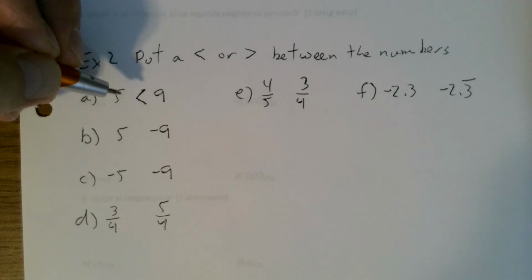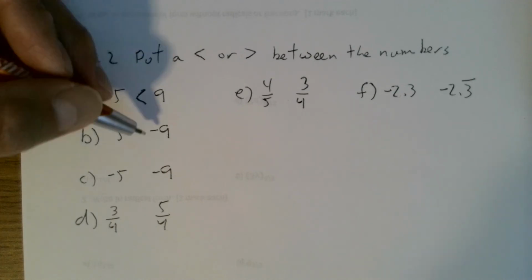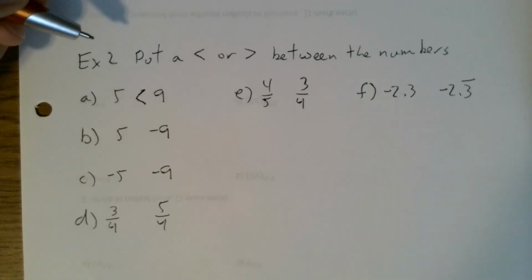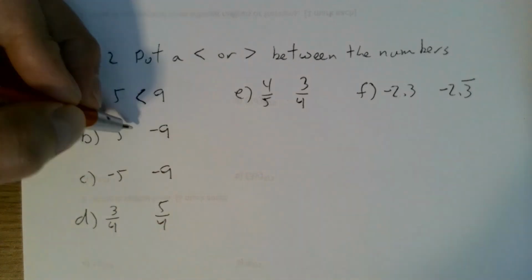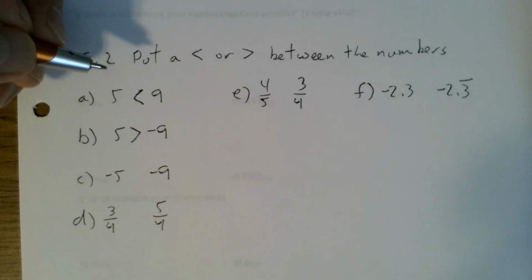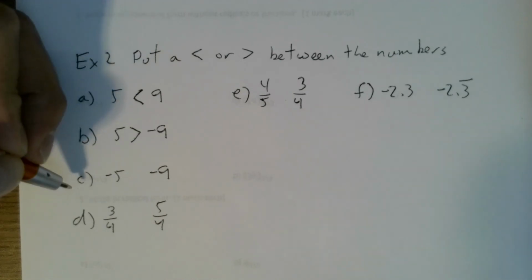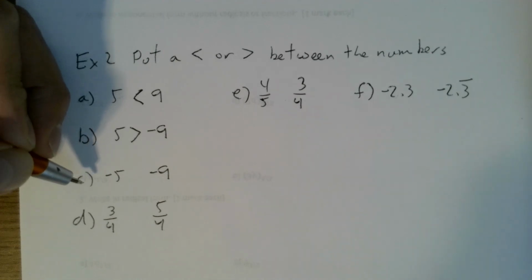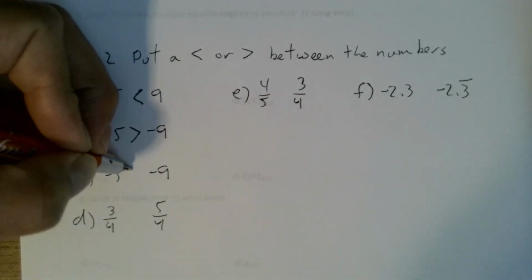Well, if we're talking about animals eating things, negative numbers would be barfing. So this guy's definitely going to want to eat a 5 instead of barf up 9. Okay, C, these are both barfing, but our guy is going to want to barf less. So he's going to want to barf 5 instead of barf 9.